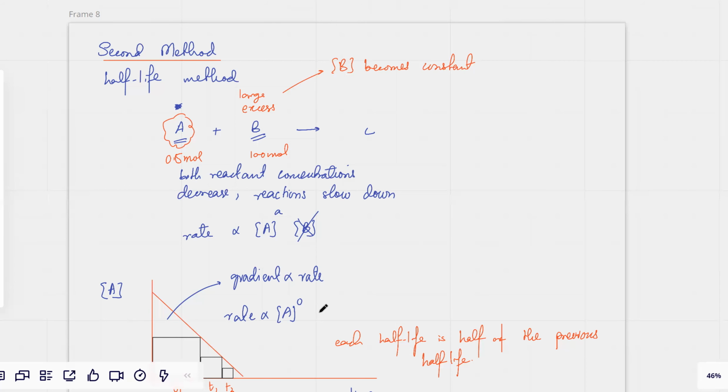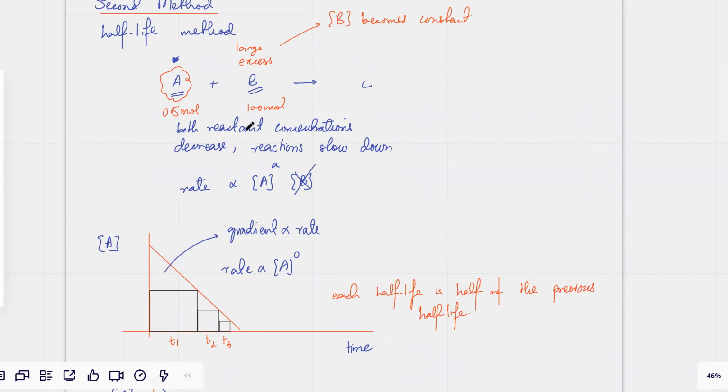So I told you that as the reaction proceeds, A's concentration will decrease and it will eventually go to 0. The reason it's going to go to 0 is because it's going to get used up and turn into C. So A's concentration would be maximum at the start, and then it's going to drop to 0.